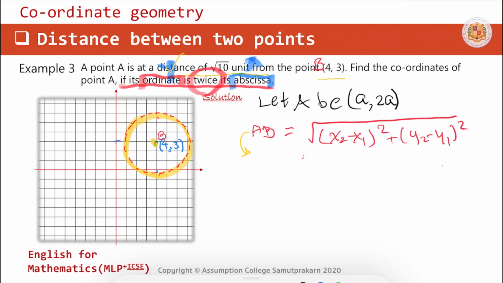So square root 10 is equal to the square root of x2 minus x1. You just say A is x1 y1, B is x2 y2, so x2 minus x1 now would be, okay, that would be x1 y1, and that is x2 y2.